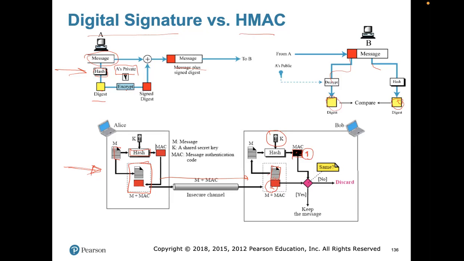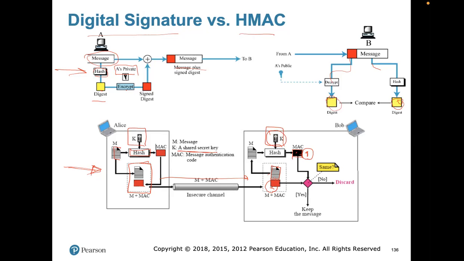But here you see that, in terms of the difference with the digital signature, in HMAC we are talking about a key which is pre-shared. We have a pre-shared key between the sender and receiver. And there is no encryption at all. We have only a hash function, and a secret key should already be shared between the sender and receiver.